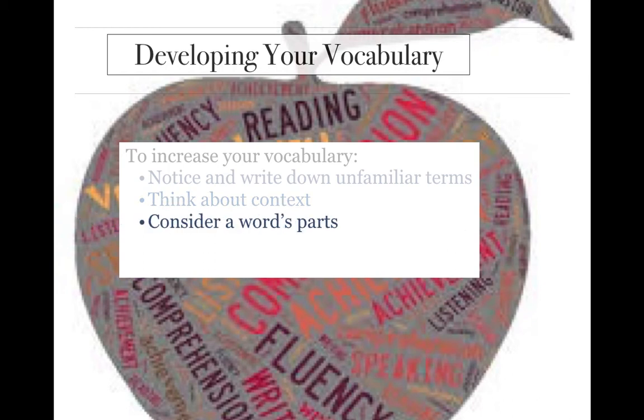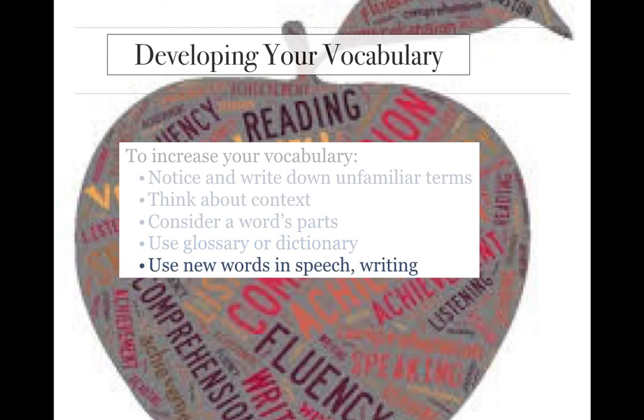Consider a word's parts. You've heard ever since you've been developing your vocabulary to take different parts. And my wife teaches first grade and she talks about this a lot. Use a glossary or a dictionary to find out the terms. And use these new words when you write and also when you're talking to somebody. That's the best way to develop your vocabulary. Use those words.